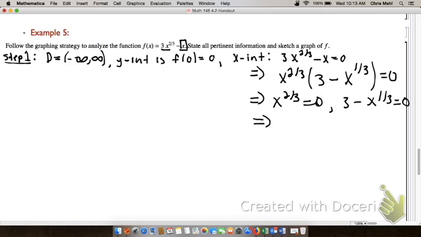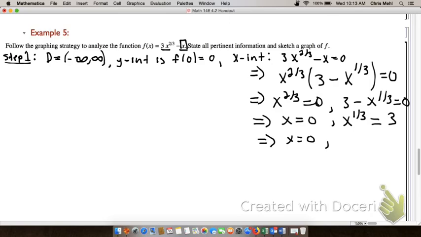So setting each of these factors equal to 0 and then solving for x gives you, well, the first one, if x to the 2/3 is equal to 0, you can raise both sides to the 3/2 power, and that'll give you that x equals 0. And then over here in the second equation, if you add the x to the 1/3 to the other side, this is going to give you, well, we already knew x equals 0 was an x-intercept, which also is going to end up giving us a y-intercept as a repeat.